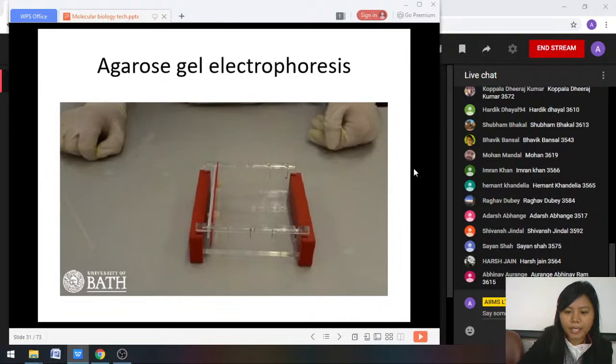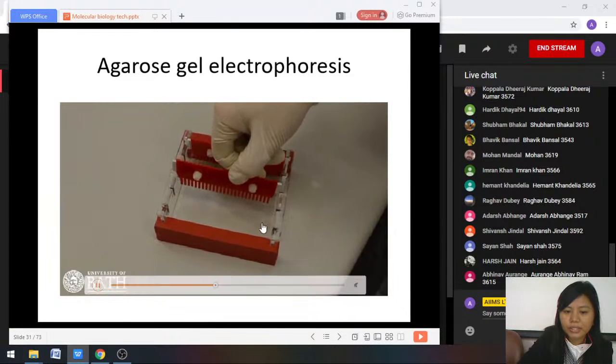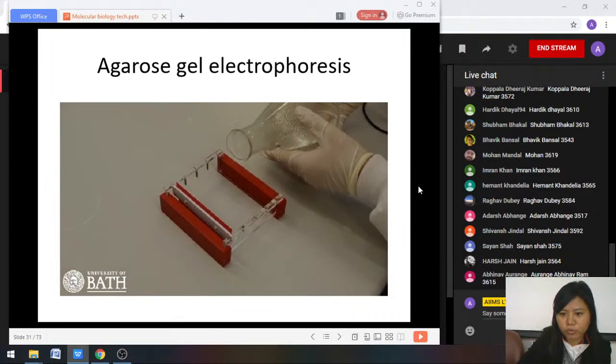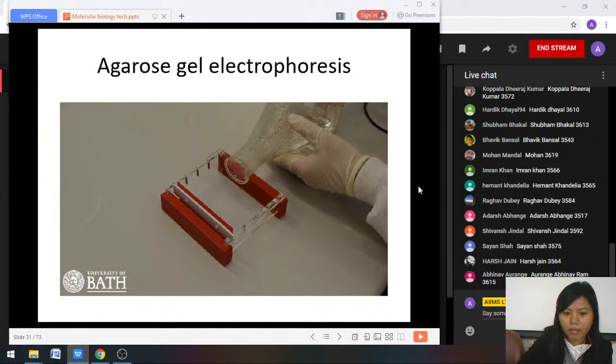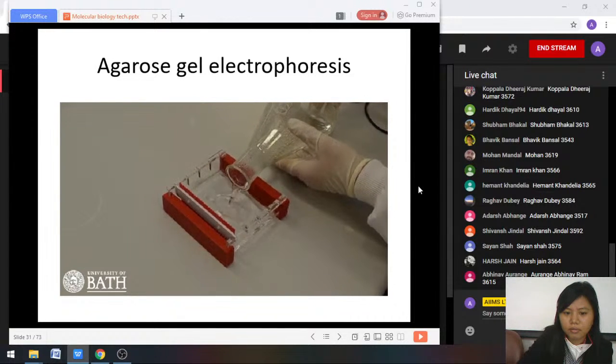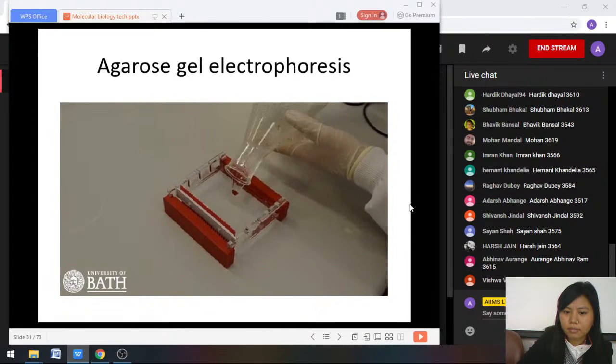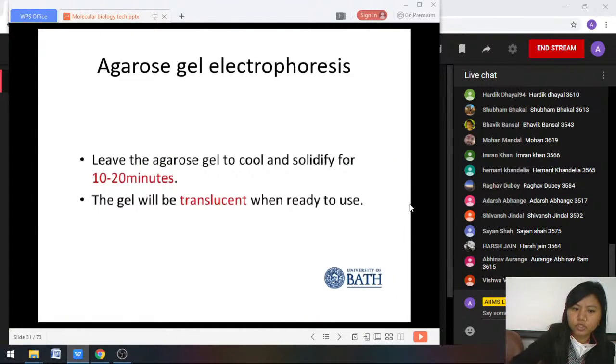You can see the placement of the comb here. This needs to be done at this stage only, because after it's solidified you won't be able to do it, right? You'll break the gel if you try to make holes in it. So these wells will create deep grooves inside the gel.